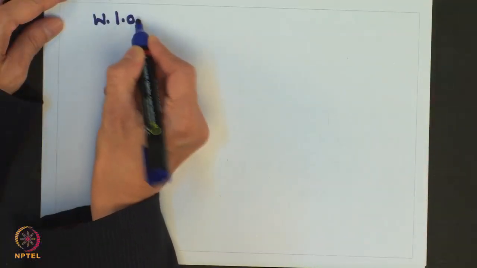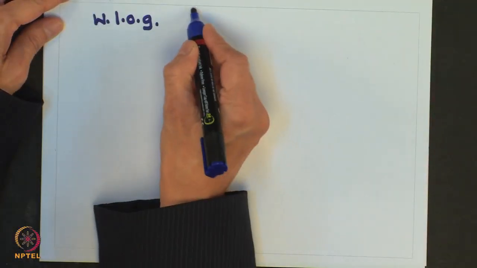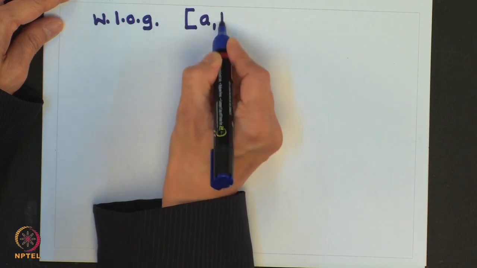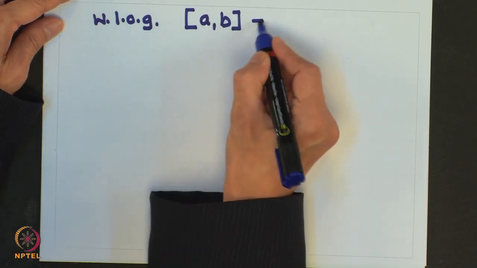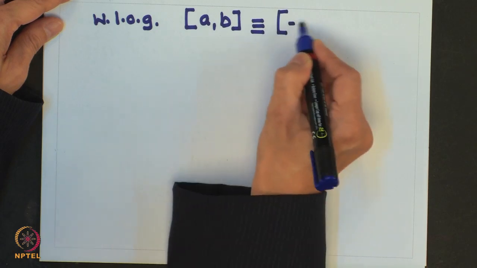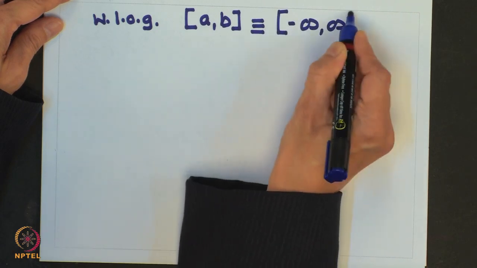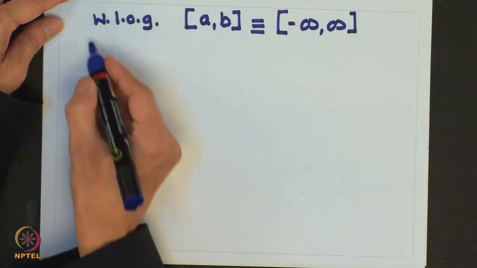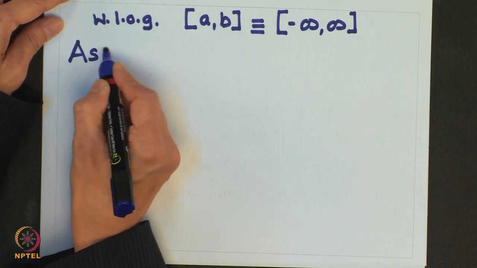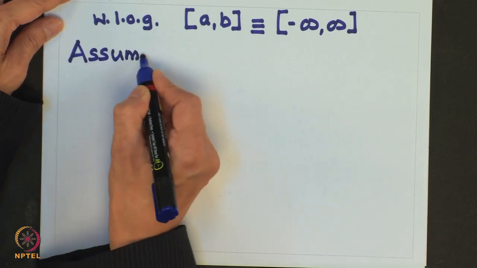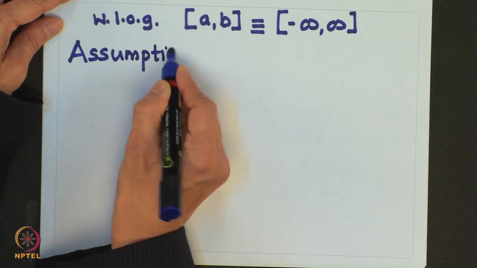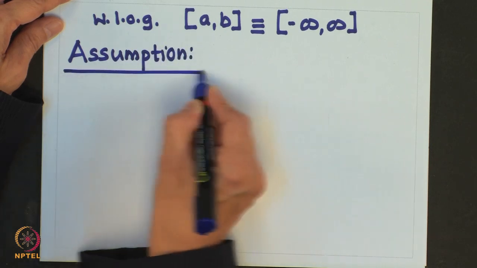Without loss of generality, let us assume this domain a, b to be from minus infinity to plus infinity, and let us assume some constraint on this basis signal as follows.